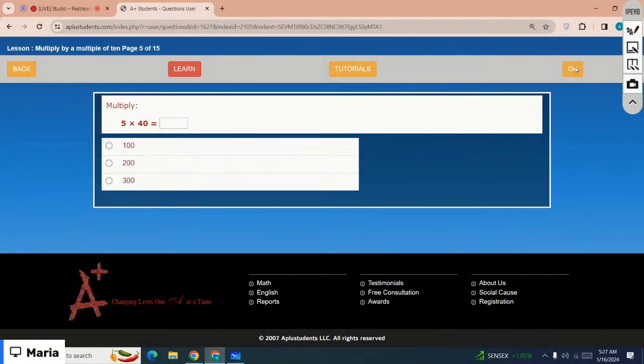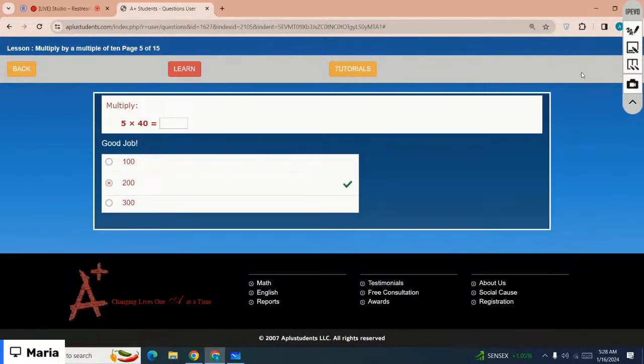The next one is 40 times 5. That is 200. Very good. You just have to multiply the non-zero values, so 5 times 4 is 20, then you add a 0. So that is 200. The correct option is 200.